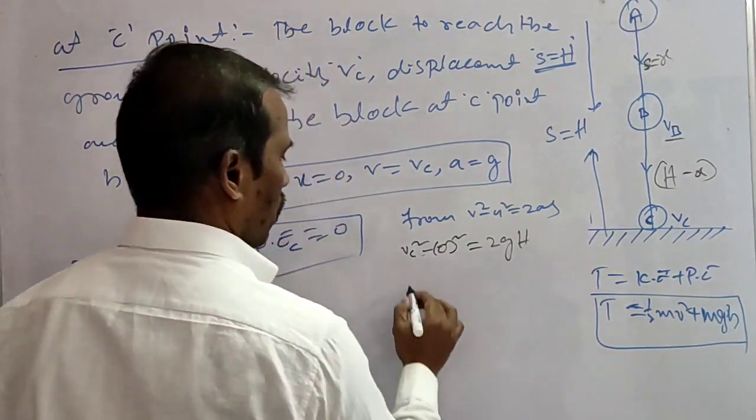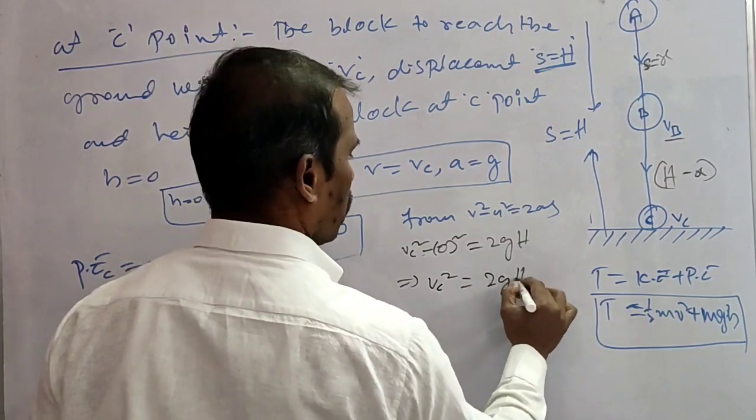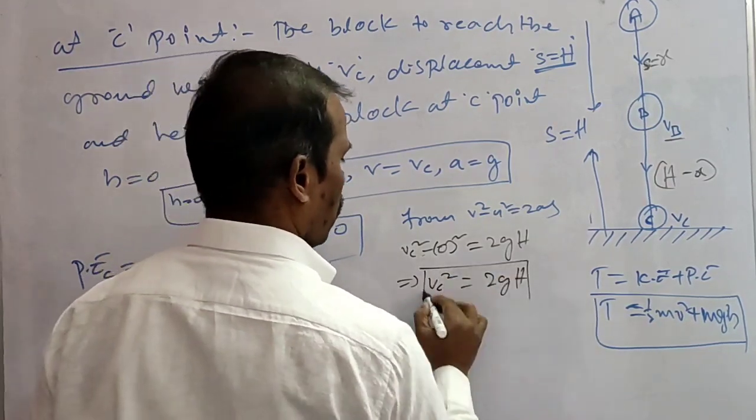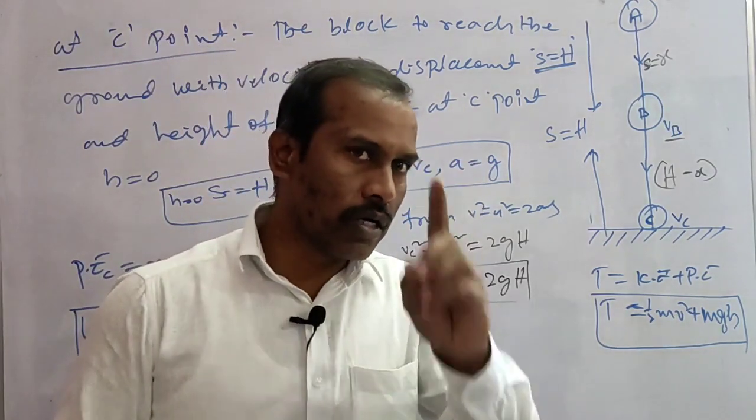Now simplifying, vc square is equal to 2gh. This is the velocity of the block to reach the ground.